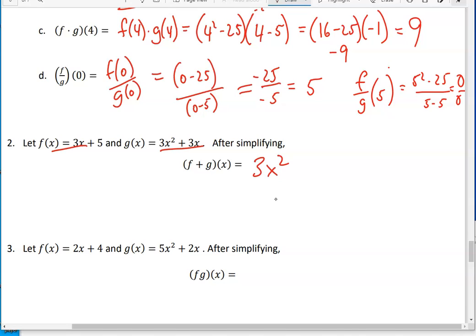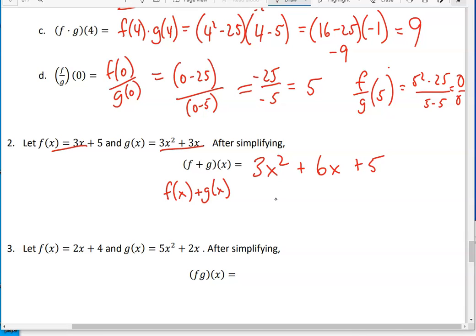I've got a 3x there, adding another 3x, because I'm looking at f of x plus g of x. Well, 3x squared plus a 6x. And there's a 5 there. No other constants, so it's a plus 5. Nothing to factor out. If that were divisible by 3, I might pop the 3 out in front of it. But otherwise, there's my answer, just adding them together.